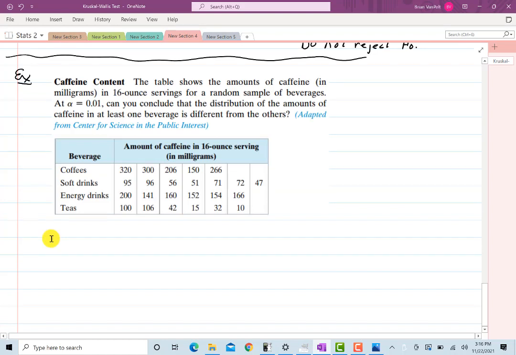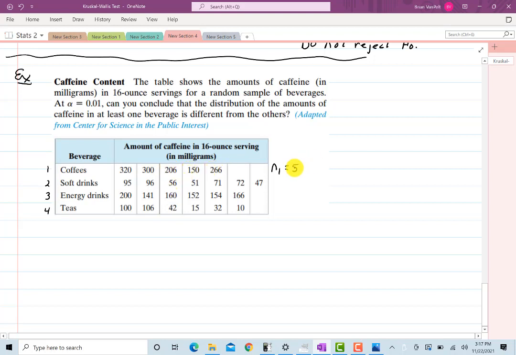All right, here's one last example. This is a pretty short section here. Let me label my things 2, 3, 4. You can always do better labeling, like use subscripts like C, S, E, and T if you want to. But let me also get the sizes of each of these. For n sub 1, we have how many? 1, 2, 3, 4, 5.